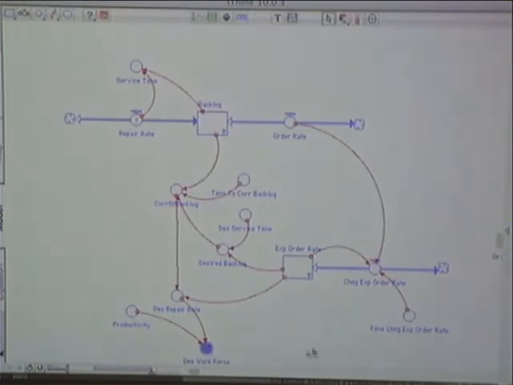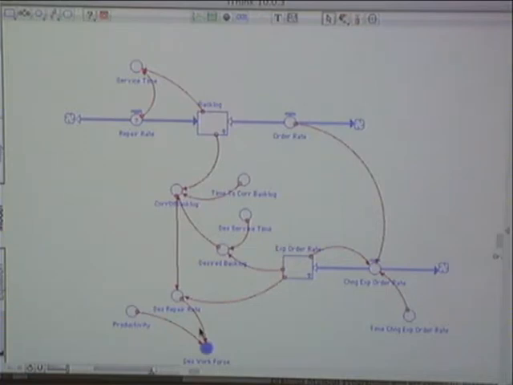We are defining desired workforce. And the desired workforce is the desired repair rate over productivity, divided by productivity, set to 20 units per day, per person.